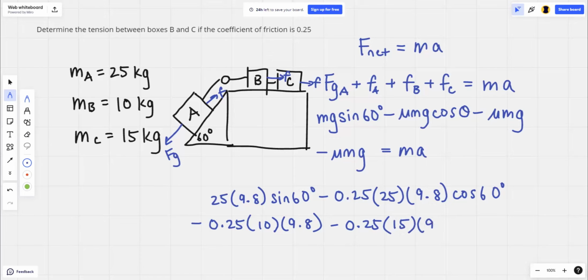G again is 9.8. We're almost there. And the M over here, remember how I said that we're going to look at the whole system and pretend it's one thing? Well, that just basically means that the mass is going to be mass A plus mass B plus mass C. And that turns out to be 50.